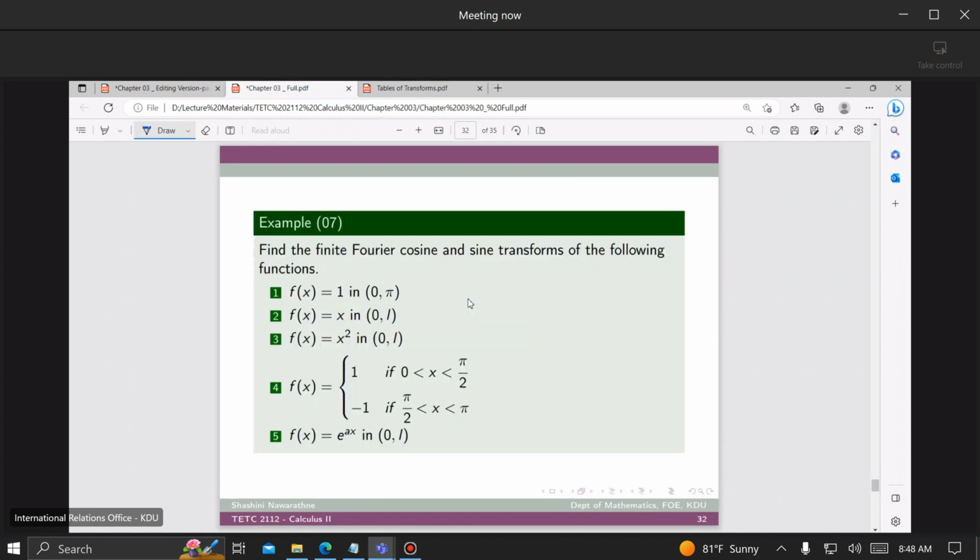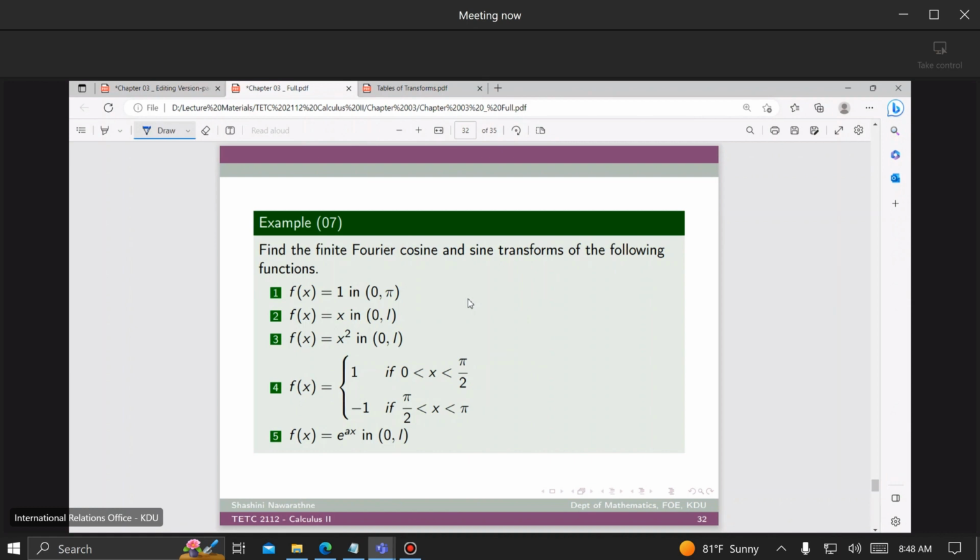So this example. Example number 7, part 1. You are asked to find the finite Fourier cosine and sine transform of the following functions. The first function is given: f of x is equal to 1, and it is given for x from 0 to 5.